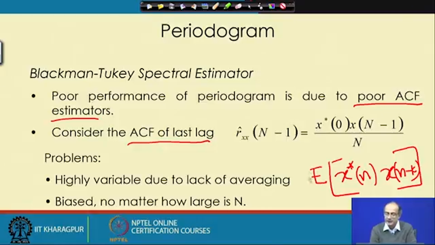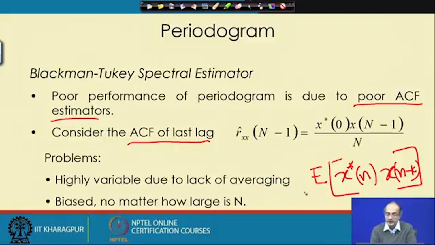That expectation was replaced by the summation here, using the concept of ergodicity of the sequence: this is a stationary sequence, and the averaging in the random space can be replaced by the averaging in the time domain.